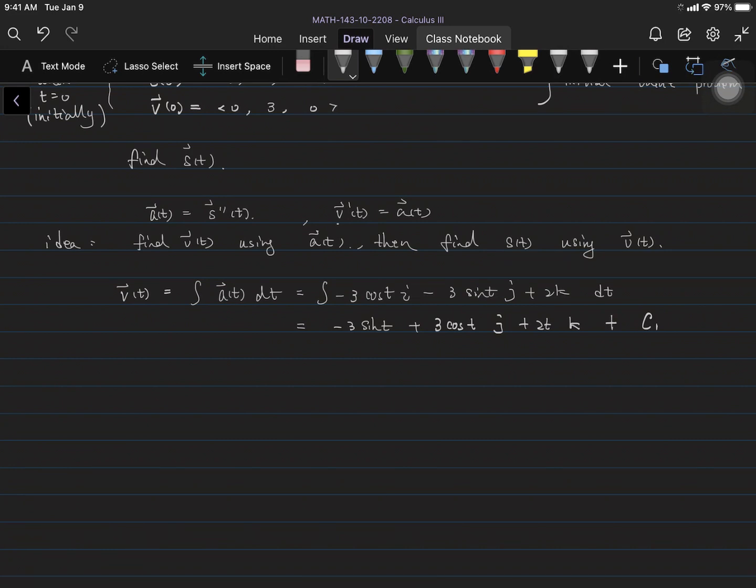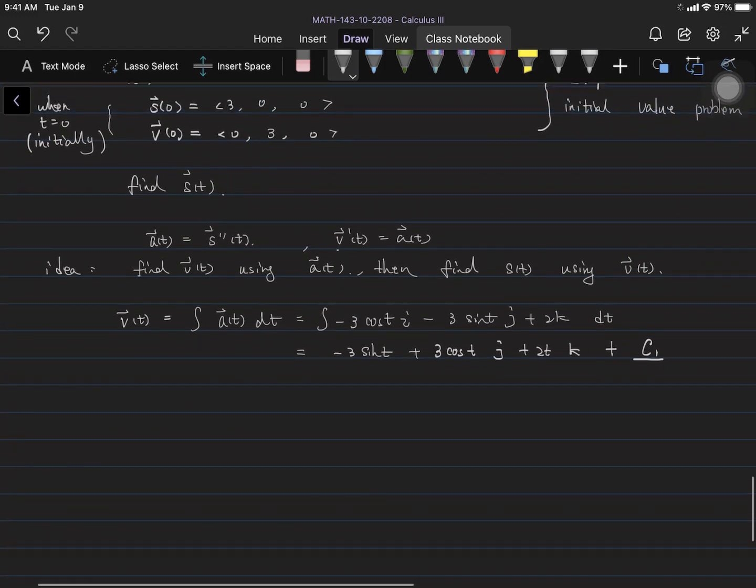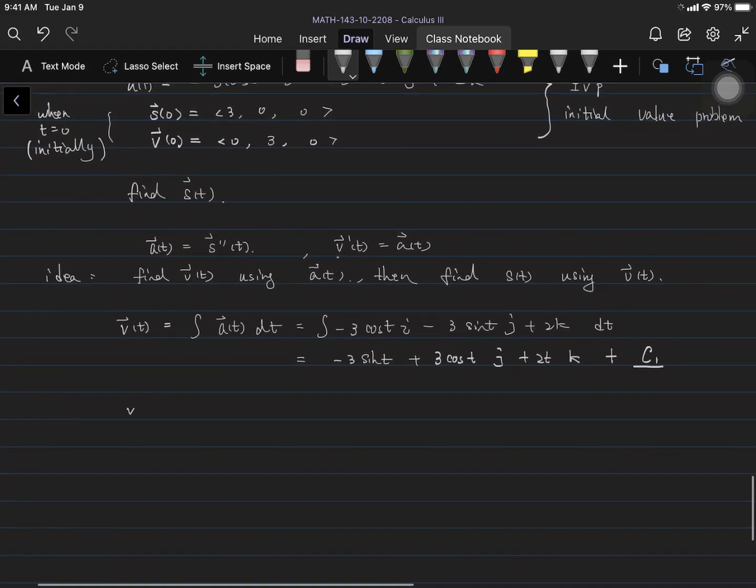This is the velocity function. Okay, and now we want to use the initial condition to find C1. So which initial condition do we want to use? We want to use this initial velocity. So let's calculate v(0). Plug in here v(0). So it should be negative sine 0 i, 3 cosine 0 j, plus 0 times k, right?